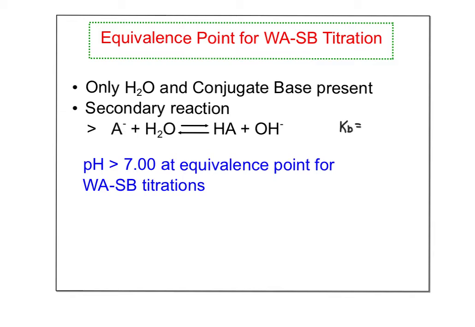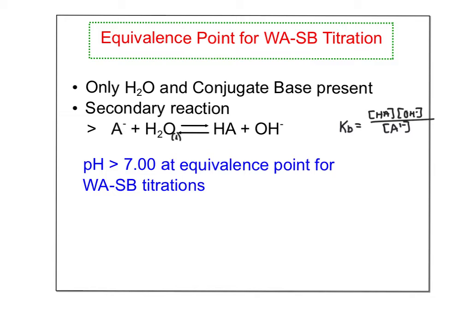So that's my Kb expression, where my weak base in water makes HA, so the water acts as the acid, donates a proton, and makes HA and OH minus. So my Kb is going to be HA times OH minus over A minus. This is a liquid, no liquids in your K expression.